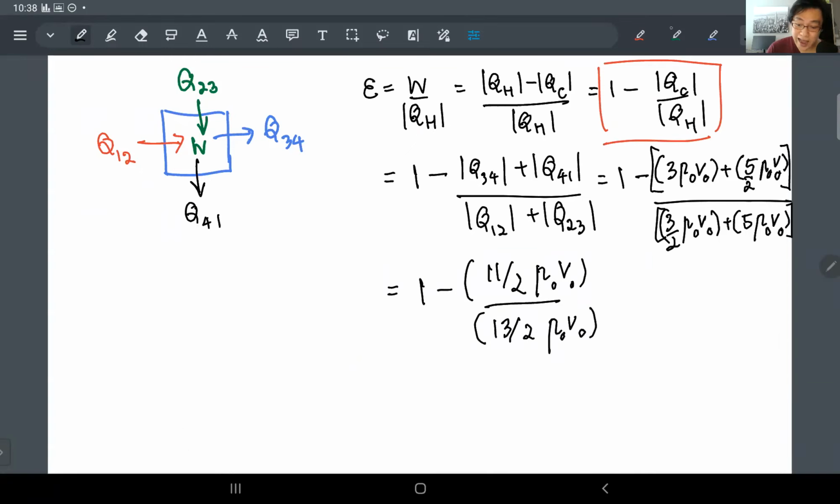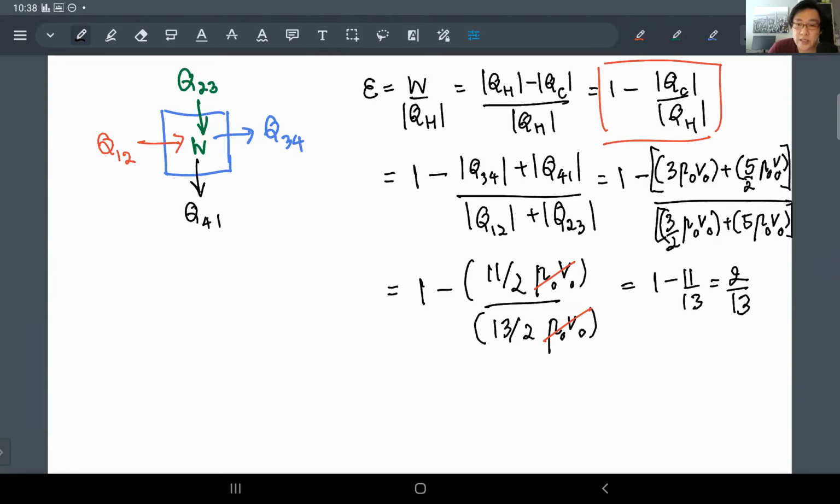And as you can see, I have to make sure that these parameters disappear from this expression because efficiency is supposed to be just a pure number. And that's it, guys. I'm done. 1 minus 11 over 13, and that is just 2 over 13. That is the efficiency of this engine. You can multiply by 100 to get a percentage of the efficiency. That is fine. Up to you.